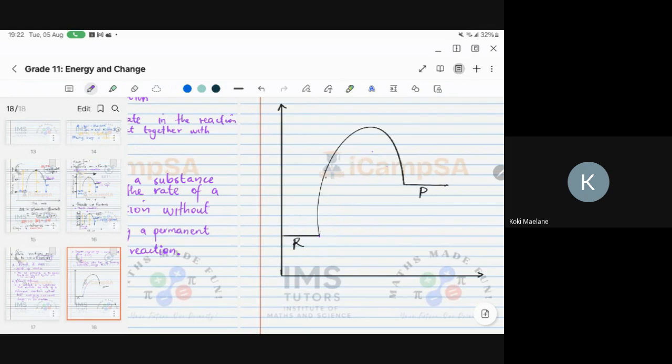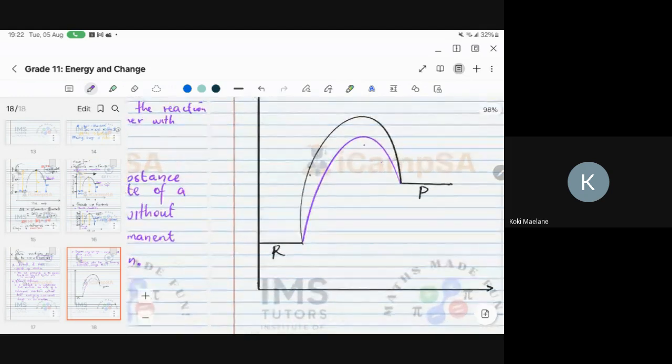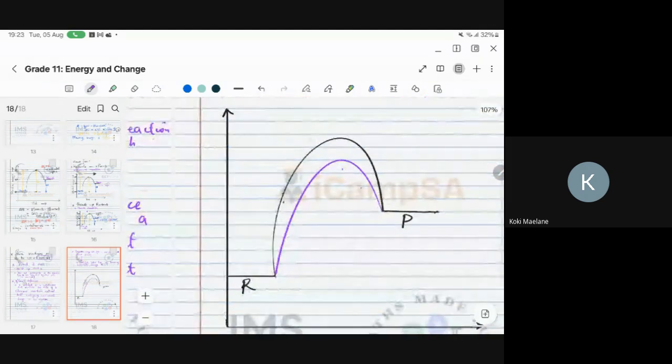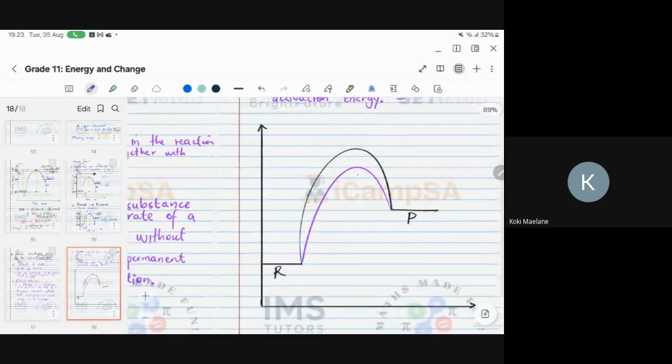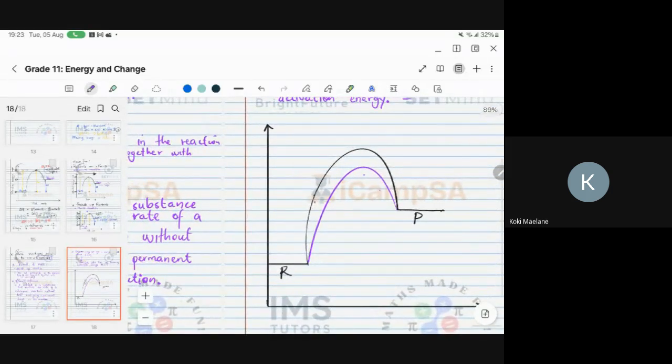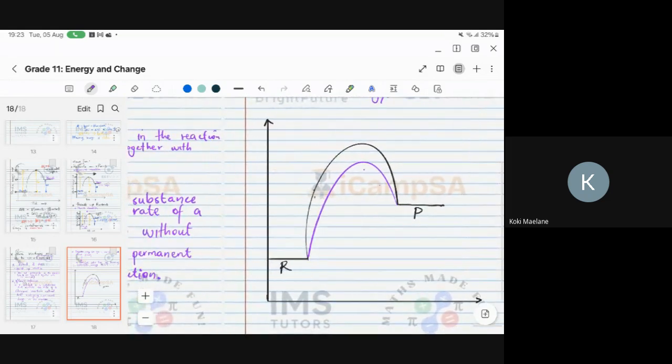What is this thing doing? Right, good. So it does this. Notice one thing though. The point where the reactants and the products start and end for both graphs is the same. I'll explain why that is.